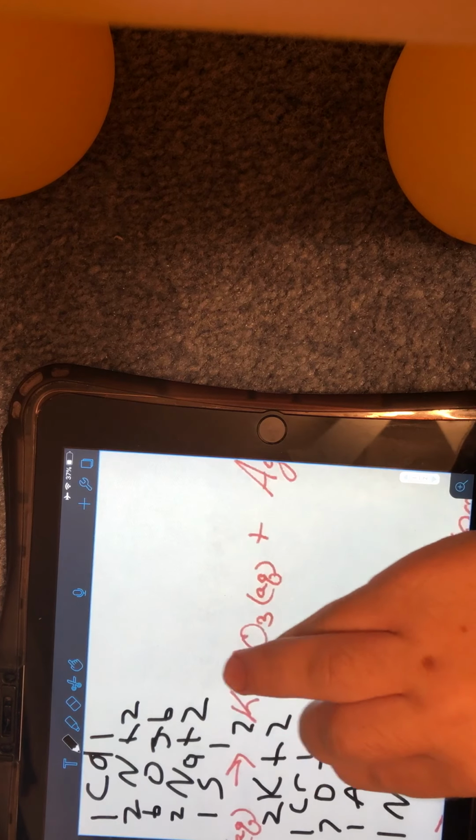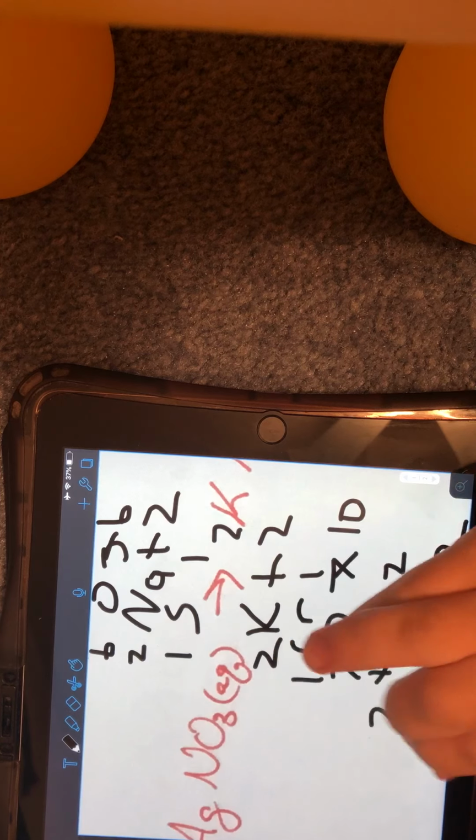So we're gonna put a 2 on the product side, and that's gonna change the K to a 2. That's gonna change also the N to a 2, and the O to a 6 right here. So now 6 plus the 4 is a 10. Now that the K is balanced, we're gonna start with the O since that's the next one that's not balanced.